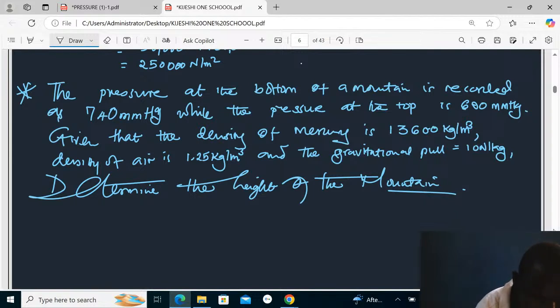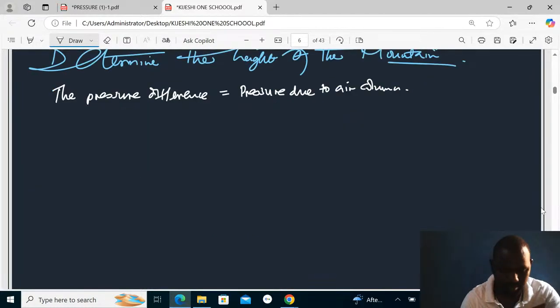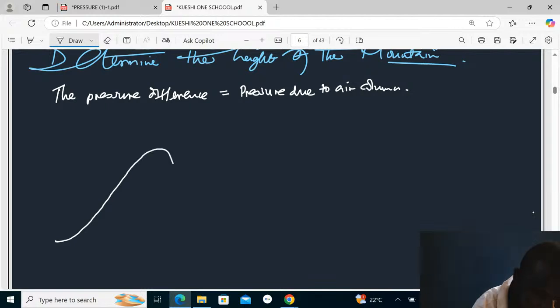In this case, you just need to say the pressure difference will be the same as the pressure due to the air column. So to elaborate this, we can say that this is the mountain.